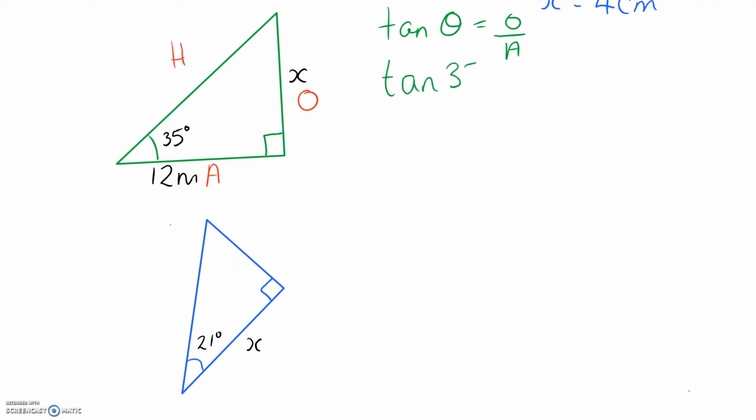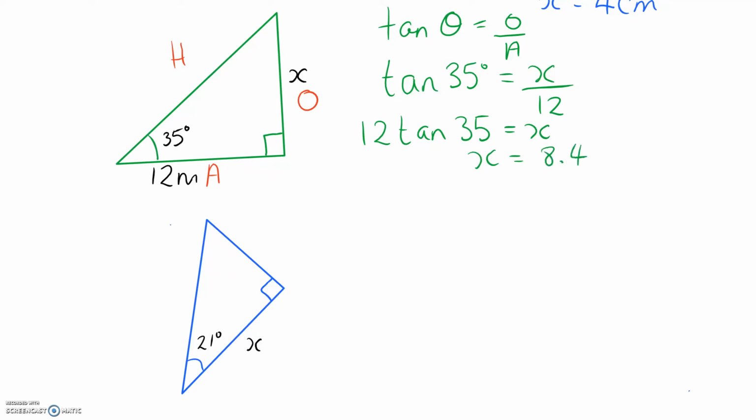Theta is 35 this time. Opposite is x, adjacent is 12. This 12 comes over here to make it 12 times tan 35, which is what you put into your calculator. And you should end up with 8.4. This is in meters, so our answer is in meters again.